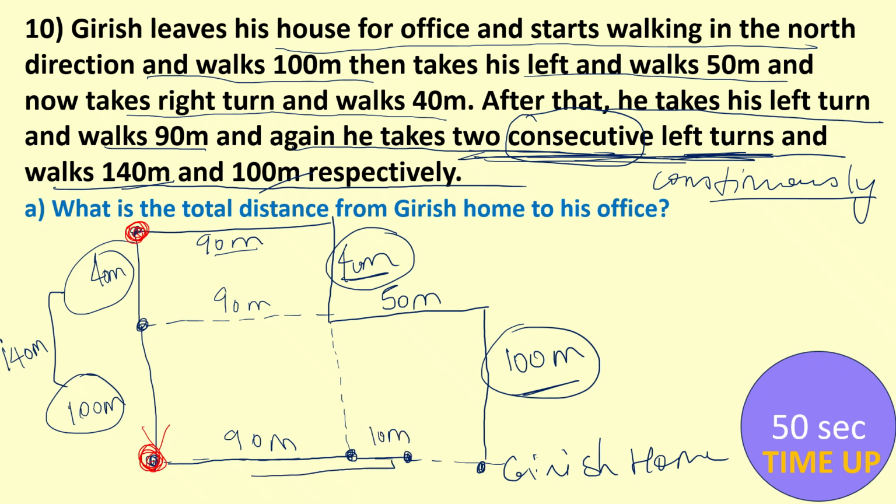So total will become how much? 100 meter. Understood? So from here he took one left turn and then he reached here. Then two consecutive left turns, they have said. So again he will turn left here and he traveled 100 meter and he reached here.